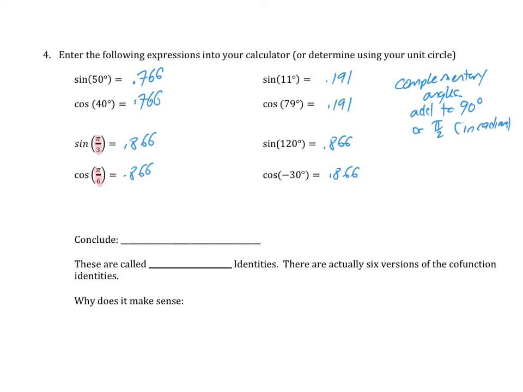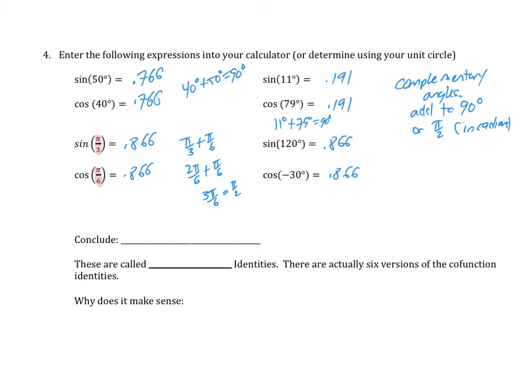So, for example, 40 degrees plus 50 degrees is 90 degrees. 11 degrees plus 79 degrees is 90 degrees. Pi over 3 plus pi over 6 would be 2 pi over 6 plus pi over 6, which would be 3 pi over 6, which is pi over 2. So in each case, we have complementary angles.